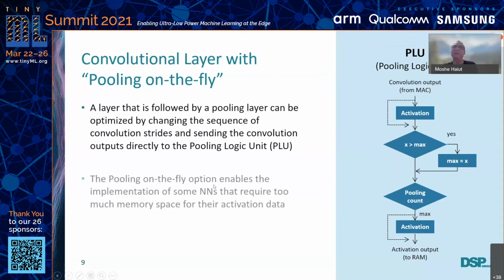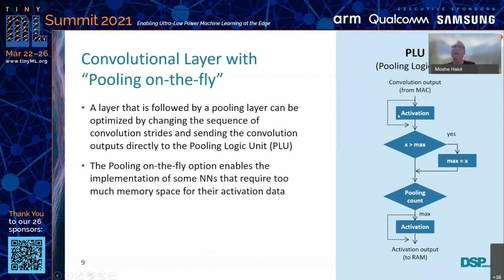As you can see here in this slide, the pooling logic unit, the PLU, only accommodates some register, and it doesn't require memory. It just makes all the job by just updating this register when there is an input that is greater than the value in this register.